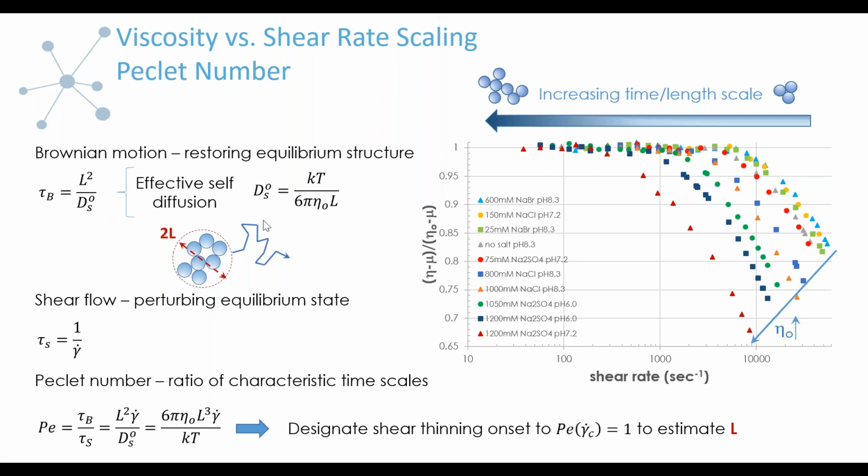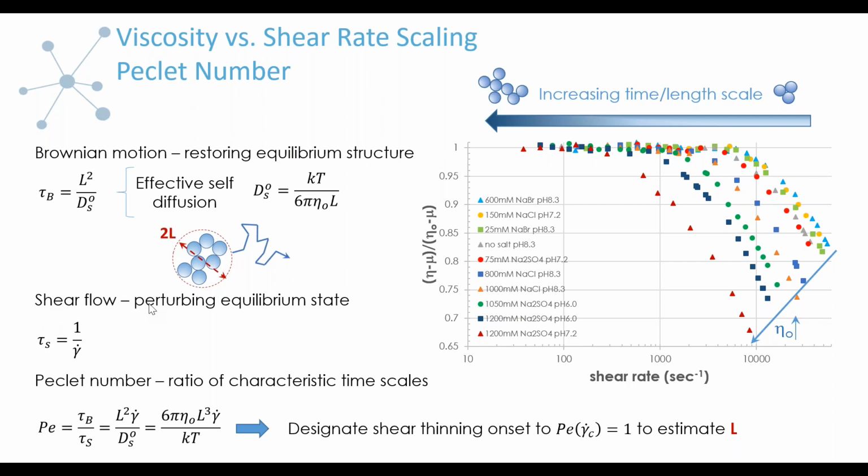Because we're in a concentrated system, we're going to take a modified form of the Stokes-Einstein diffusion coefficient, where instead of solvent or buffer viscosity, we're going to put low shear viscosity to account for the concentration effect. And we're also going to include this length scale associated with an aggregate that could be forming due to these attractions. So this is where we get the Brownian motion time.